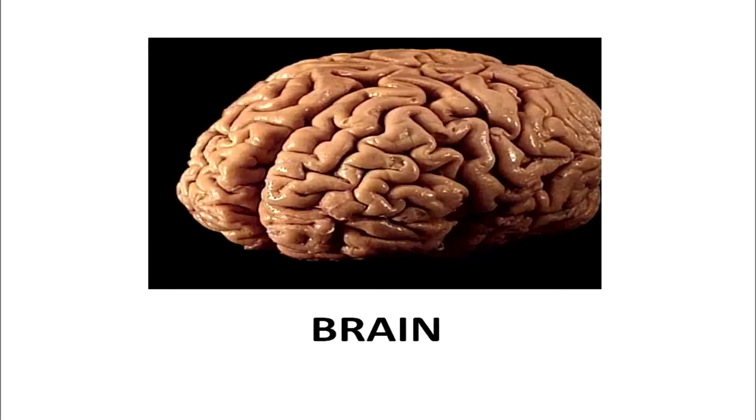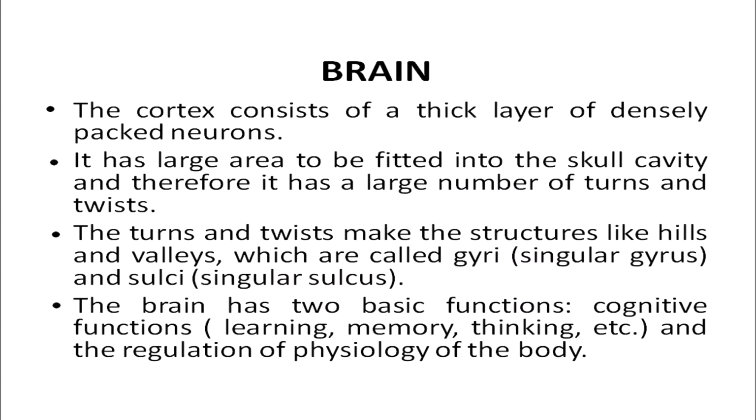So, this is the diagram of the brain, and you can see there are different turns and twists in the brain. So, what are these turns and twists called? The turns and twists that make the structures like hills and valleys that we just saw are called the gyri, in the singular form we say gyrus, and the sulci, in the singular form we say sulcus.